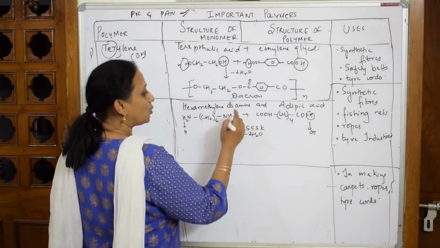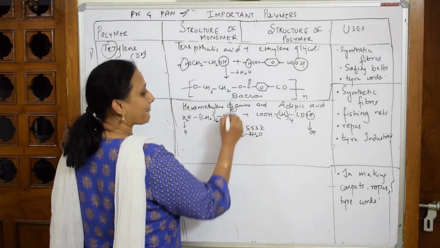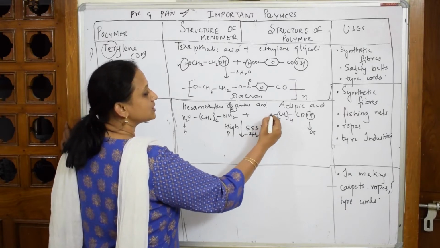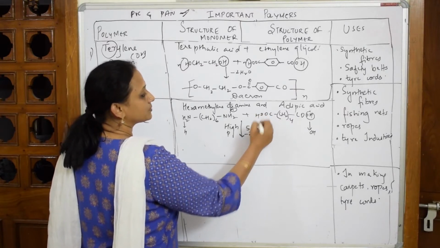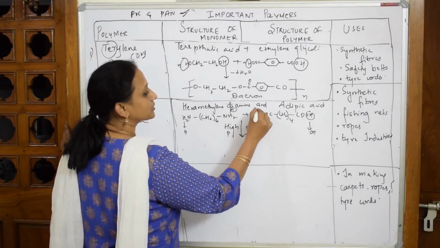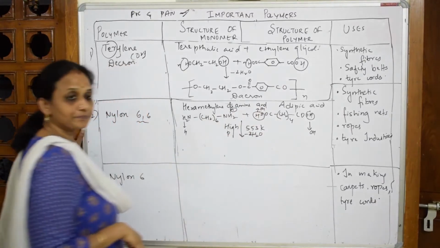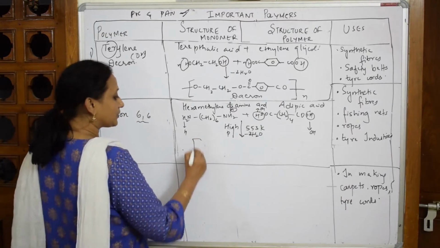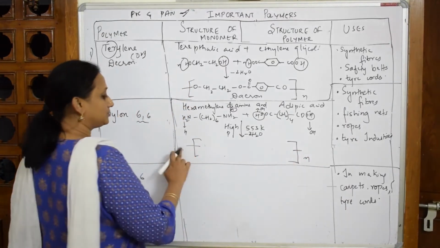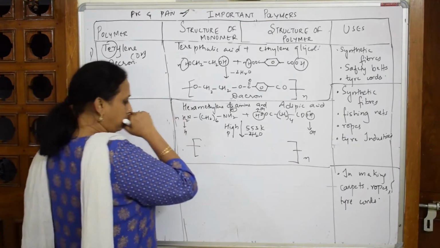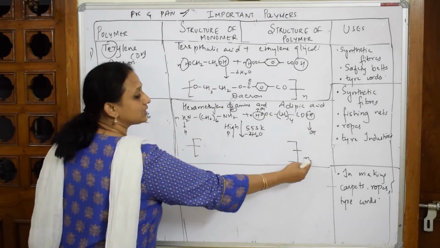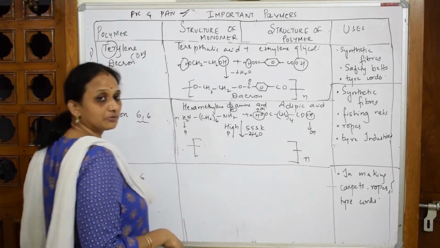Observe carefully. 1 H from here. Done. Now let us write COOH in this way. Easy, isn't it? COOH. I've taken H from here, so I have to take out OH from here. Now join. Make a square bracket in this way. n. Done. This is also n moles. This is also n moles. When they combine, you write it in this way, which represents the polymer form.